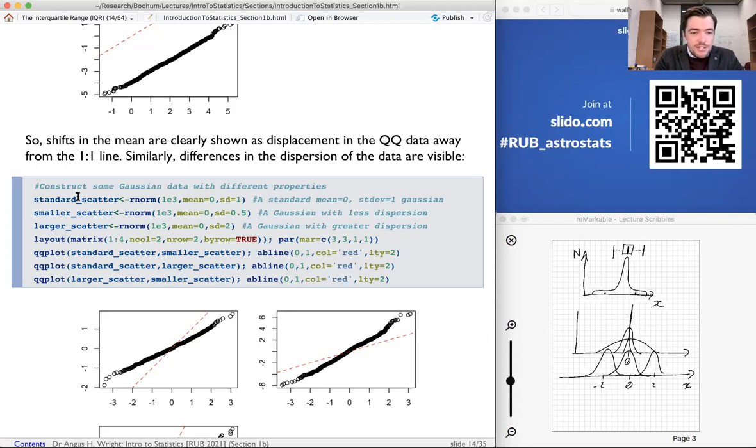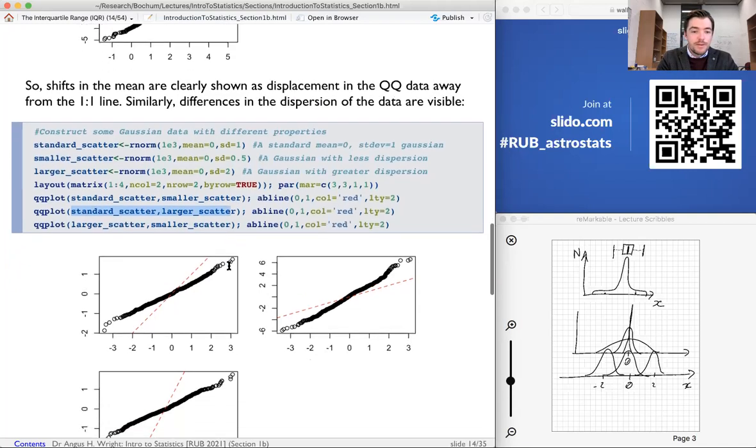Okay, those are our 3 data sets. And so the standard scatter data set, we plot against the small scatter data set. And what we find, again, is that now instead of shifting away from the one-to-one line, the tilt has changed in the one-to-one line. And again, if you do this the same with the standard scatter and the large scatter, you see a change in the tilt of the QQ plot with respect to the one-to-one line.